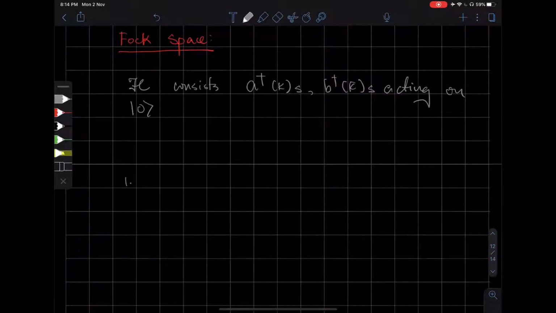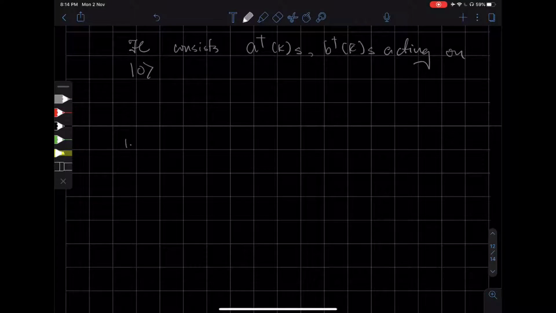Number one is that states such as, say, K1, K2, dot dot dot Kn. So this is the Hilbert space, not the Hamiltonian density, so I'm putting a tilde on it.